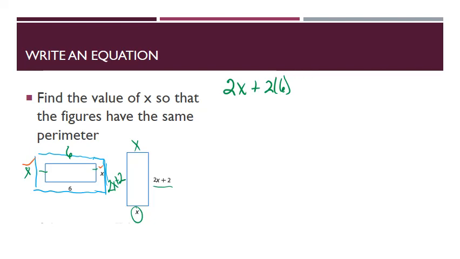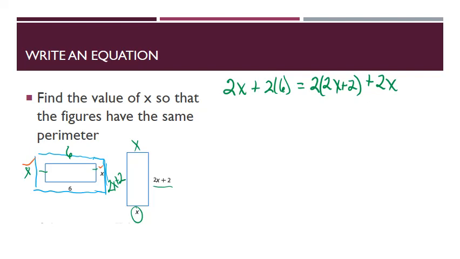We don't know what the unit of measurement is. 2 times 6 is equal to 2 times 2x plus 2, since we've got two sides defined as 2x plus 2, plus 2x again. So we have an equation with variables on each side.